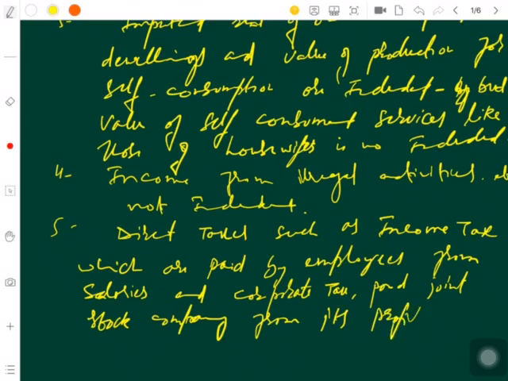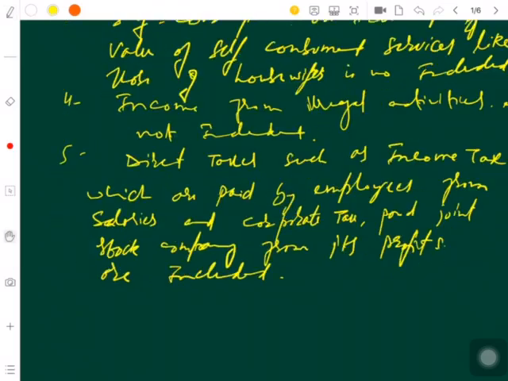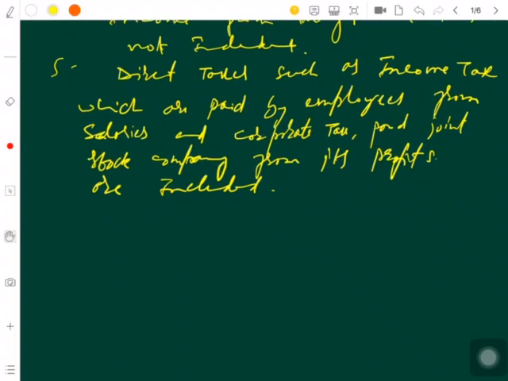So, guys, bear in mind that it is to be included. And then what is not to be included? If the direct tax is paid by the persons themselves or the employees, and the corporate tax is paid by the joint stock companies, etc., it is to be included.